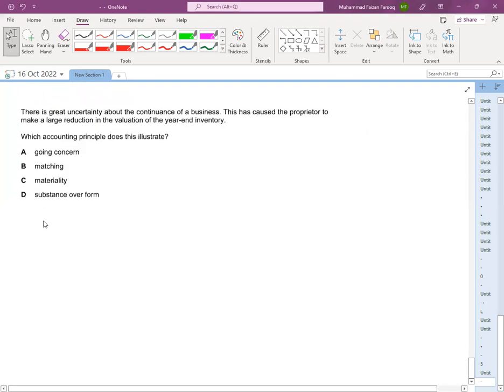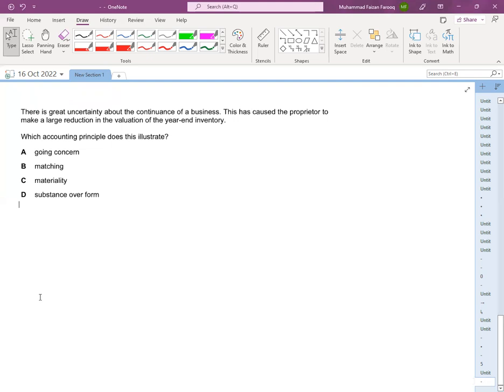there is a great uncertainty about continuance of a business. This has caused the proprietor to make a large reduction in the valuation of the inventory. Which accounting concept is that one? Now, there is uncertainty about continuance of a business. This has caused our proprietor to reduce the valuation of his stock.